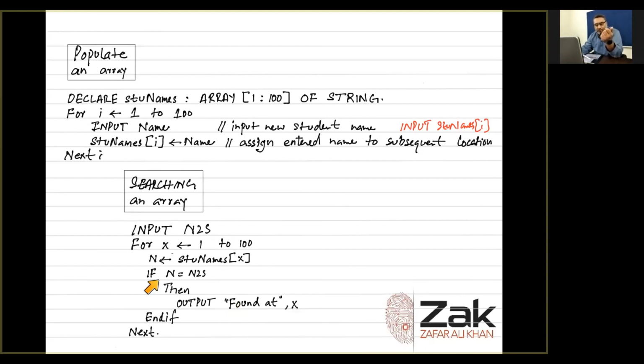Now suppose that in an array there are 100 names and I want to search for the name Mike. If Mike is placed somewhere, it will be output, and if it is not, there would be nothing on screen. So this type of search, which goes from the first element of the array to the last, and in every turn matches the value with the value that needs to be searched, is called linear searching.